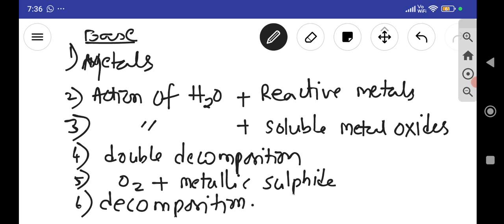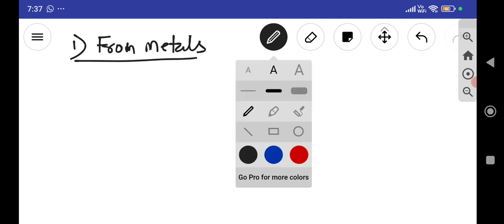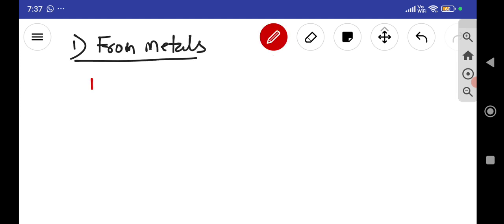These are the 6 important methods of preparation of bases. Now the first one is, how do you prepare a base from metals? Important thing, write down the general equation: metal plus oxygen gives base.